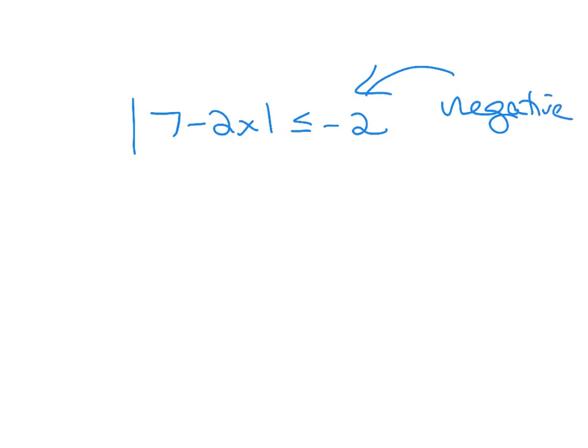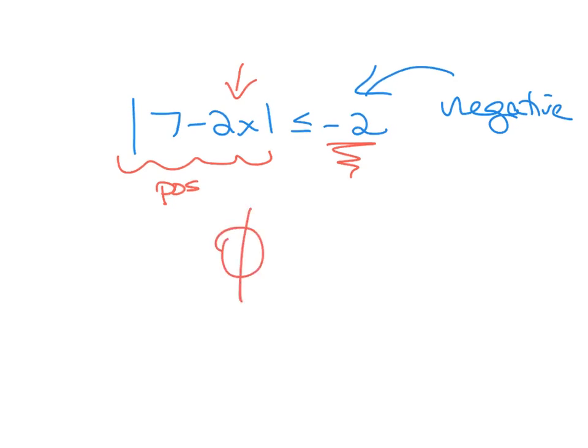Think about it logically. What comes out of an absolute value will always be positive. So there will never be a value of x that I can plug in here that would give me something that's less than a negative number. So when this occurs, the answer to this problem is no solution.